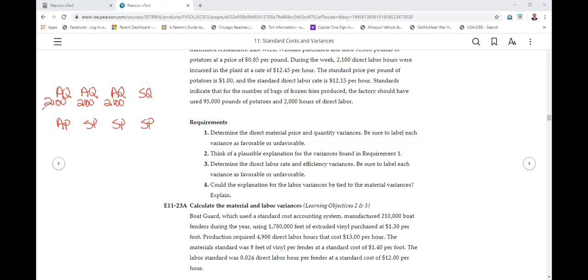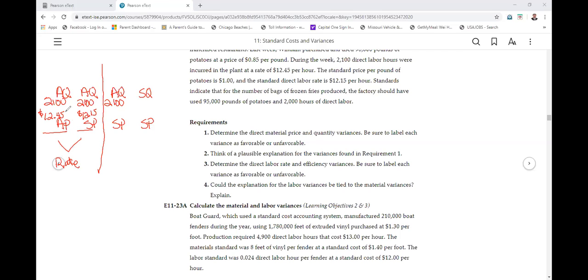Actual rate was 12.45. I'm going to write that one right here. That's what they actually paid. And of course, you could access that just by looking at the payroll records. And then the standard rate looks like it's right at $12.15. So for this first one, we are looking at the rate variance.